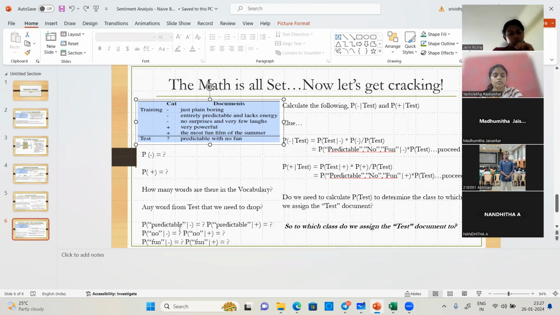I'm not talking about vocabulary. We'll consider the entire count. Exactly. You would consider the entire count.